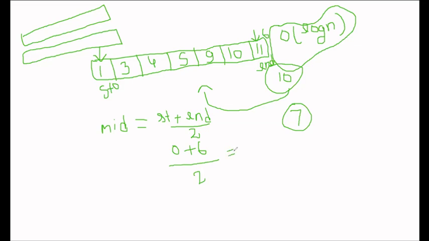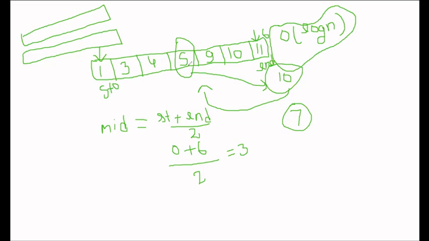So this is index 0, 1, 2, and 3. So our mid is 5. The function will compare this with the key value. Our value 10 is greater than 5.